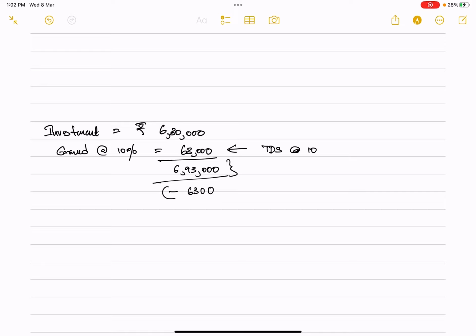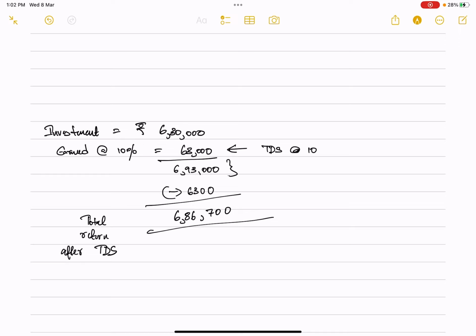So we have to deduct this amount of 6,300, and from this you will get the actual money that we receive in hand. Okay, the total return after TDS, or tax deducted at source. So if you calculate this, you will get a value of 6 lakhs 86,700 rupees.